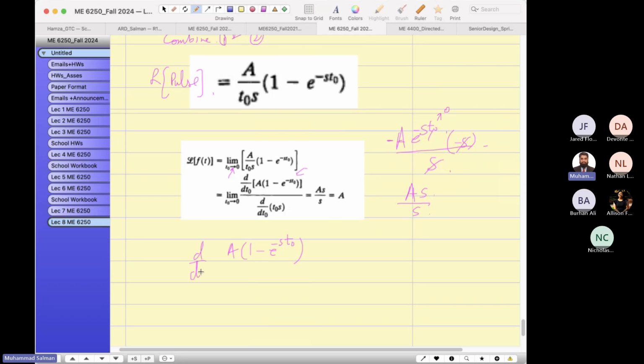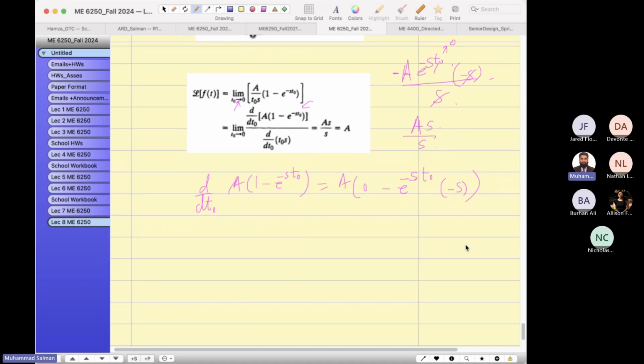The time derivative of this function is 0 minus e to the negative s. So this becomes 0 divided by s.